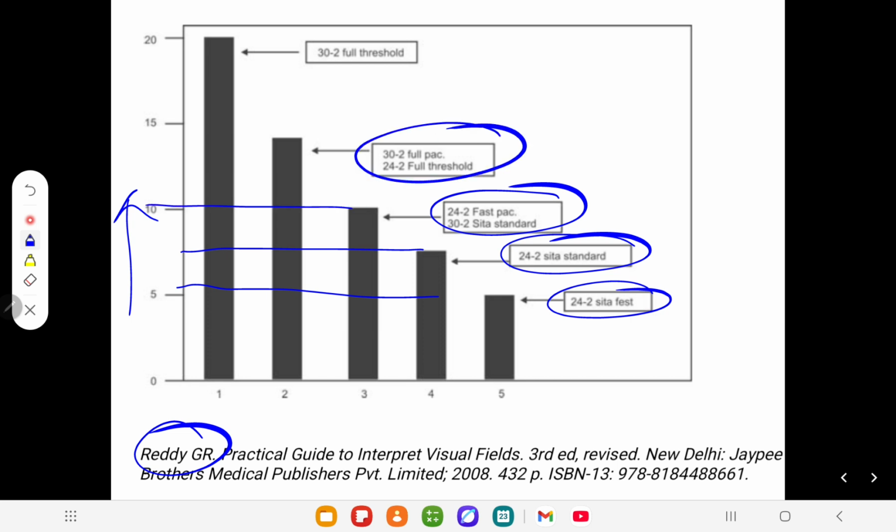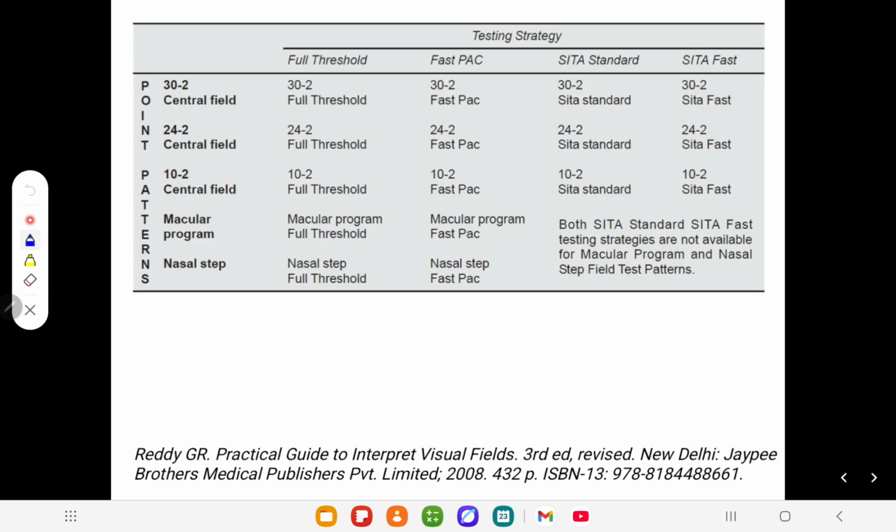But 30-2 fastpac and 24-2 full threshold take approximately 14 to 15 minutes. 30-2 full standard takes a lot of time, like 20 minutes. So that's the gross idea.